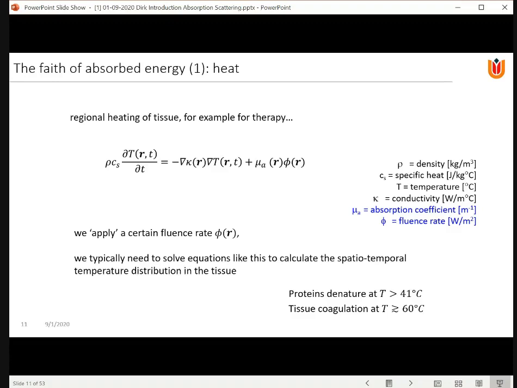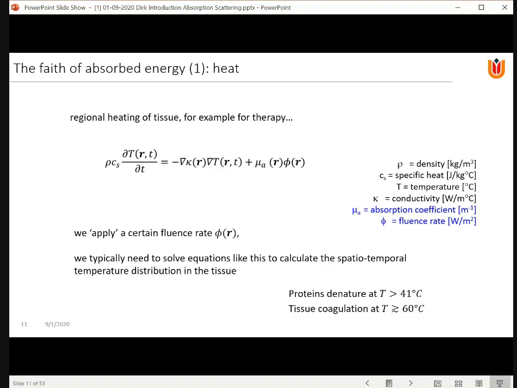So the product of the absorption coefficient and the fluence rate tells you how many joules per second per unit volume you absorb, so how much energy you actually dump into the tissue.